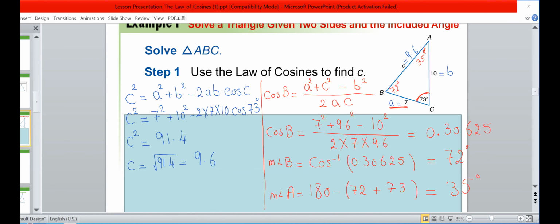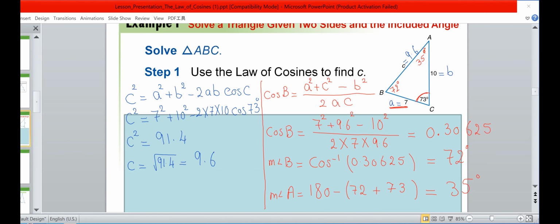A is 7, B is 10, and C is 9.6. Can you give me the three angles? A is 35, B is 72, and C is 73. All of it equals 180. Excellent.